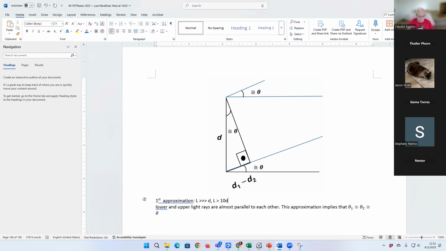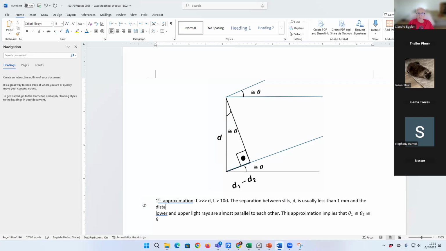And that holds very nicely because D, the separation between slits, is usually less than 1 millimeter.